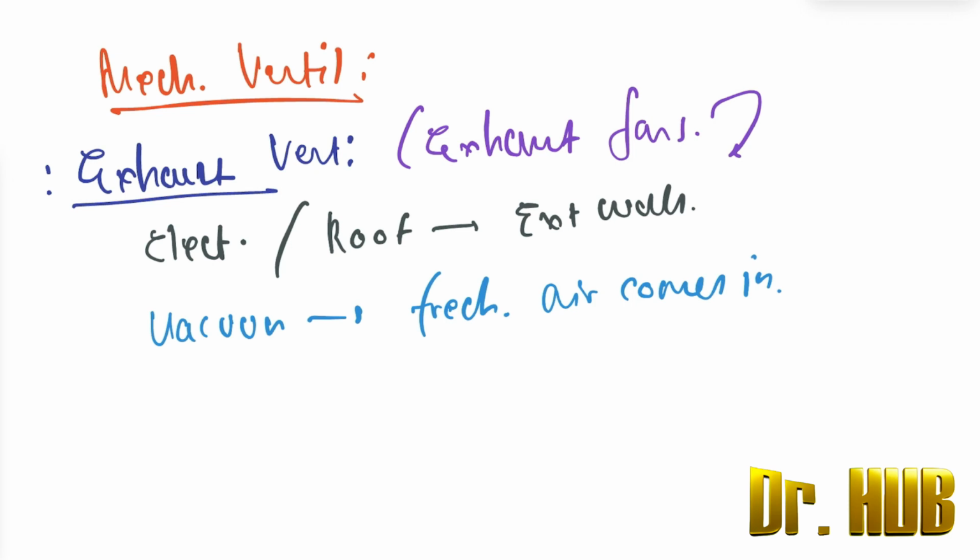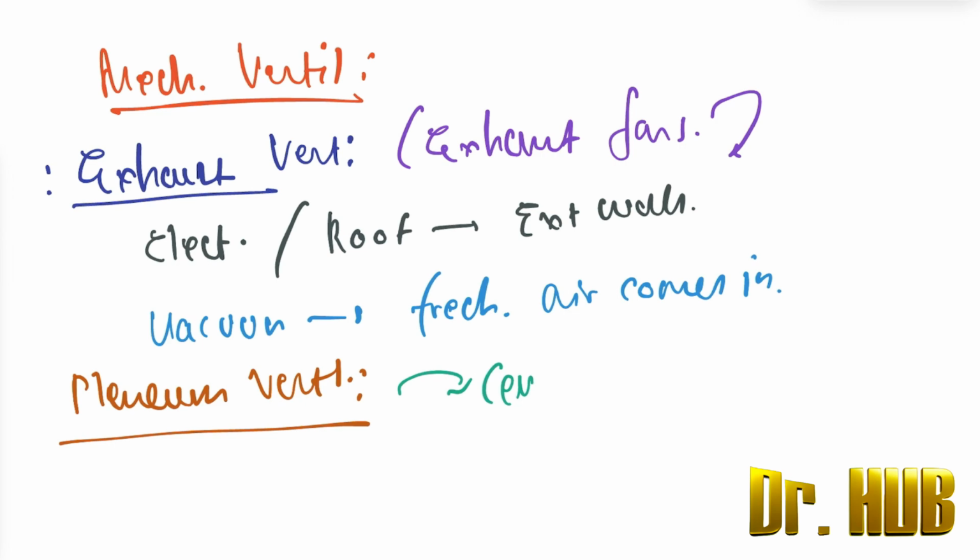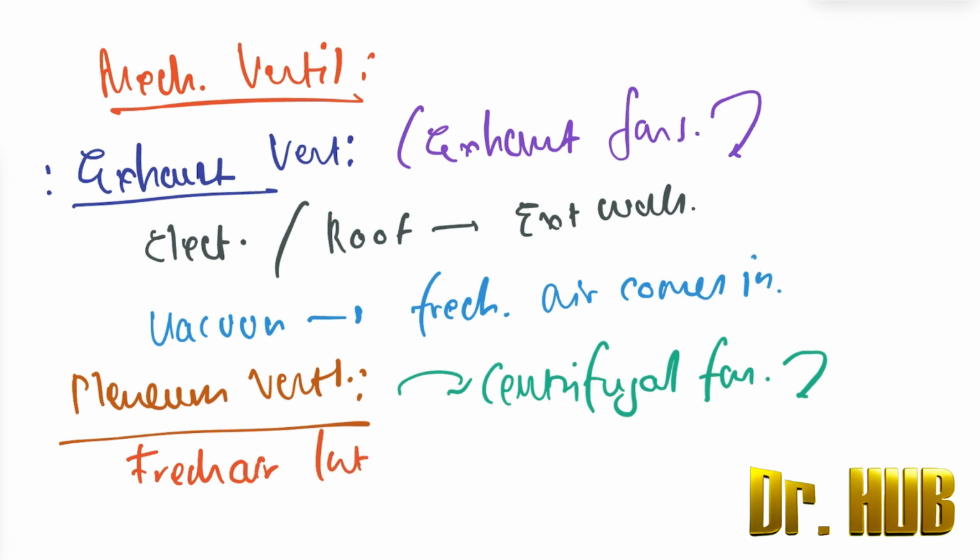Next there is plenum ventilation. Plenum ventilation uses centrifugal fans, which are used to blow fresh air into the rooms and create a positive pressure.